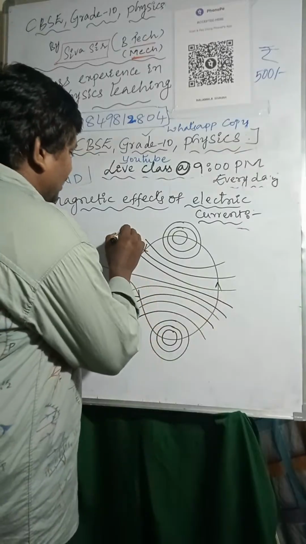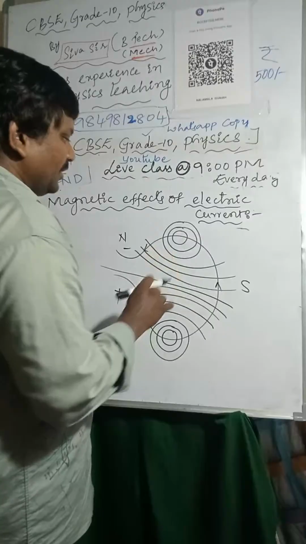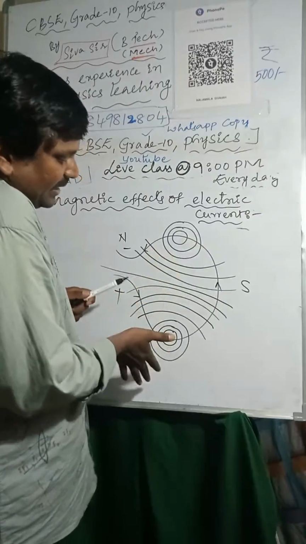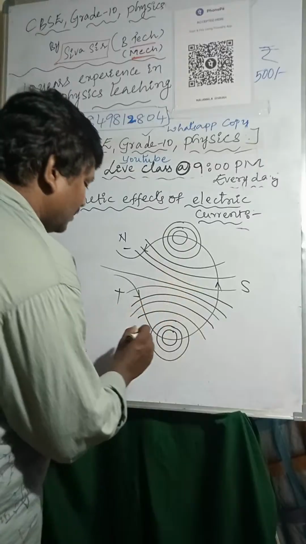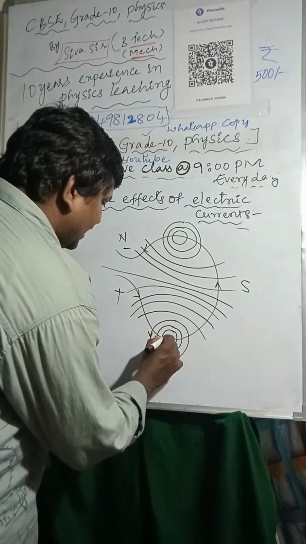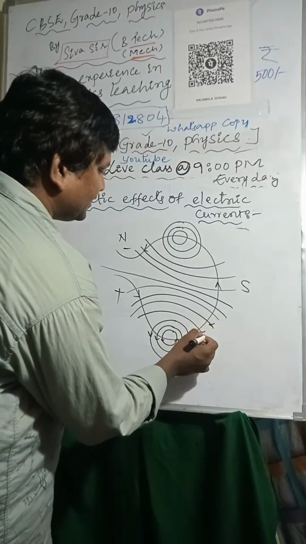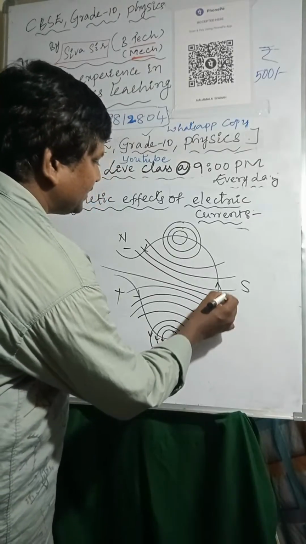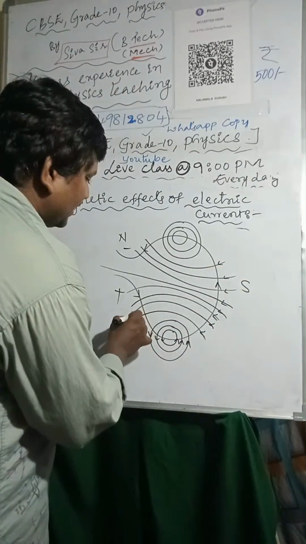So here north pole, here south pole. How? If you take the current direction like this, the magnetic field will be reaching and leaving here. Leaving this side, reaching to this side.